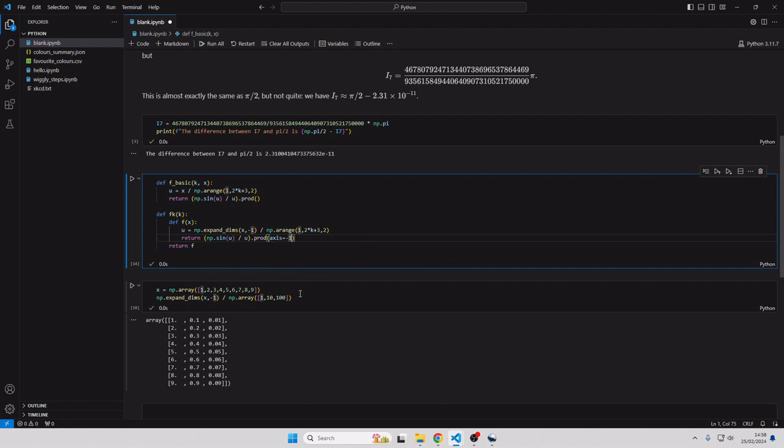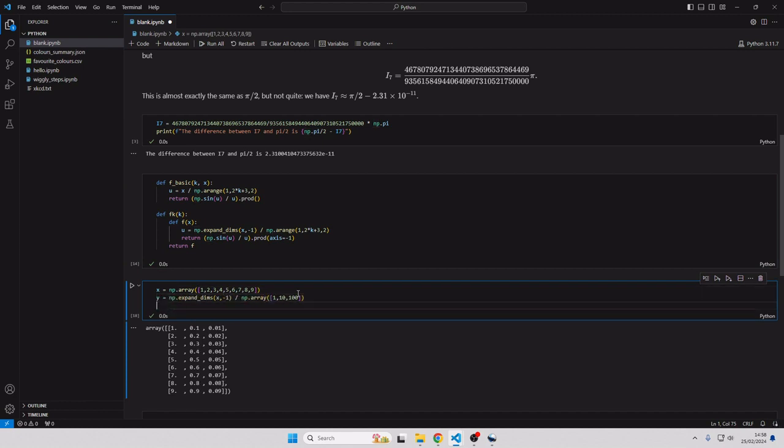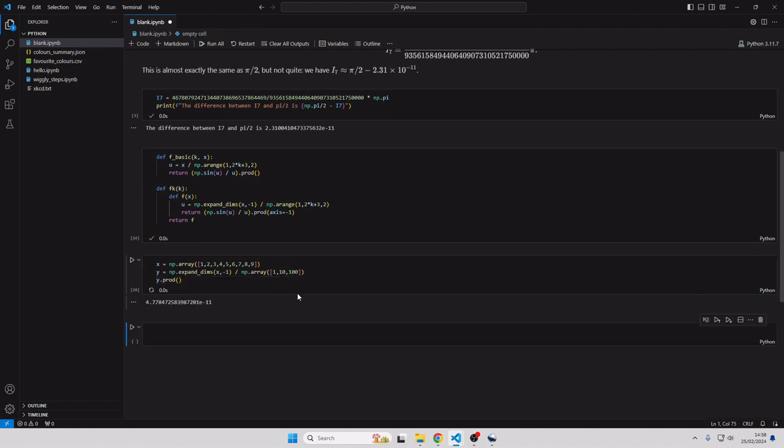So again, we can maybe do it here. Let's call this y. Now, if I do y.prod, okay, that's not what we want. That just multiplies together absolutely everything in y. If I do axis equals -1, now it takes the product of each row. Okay, so that's what we're doing.